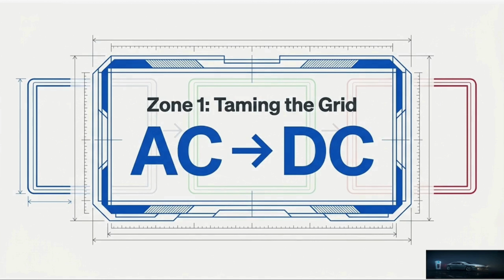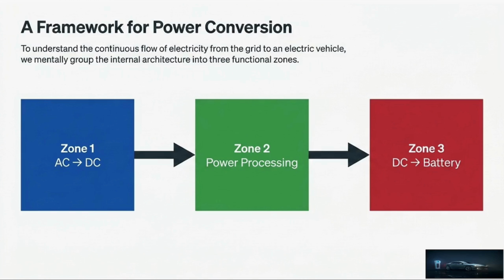Let's move to our first zone slide, that is AC to DC. Here we are taking the AC power from the grid and converting it into the DC bus. Zone 2 is power processing.